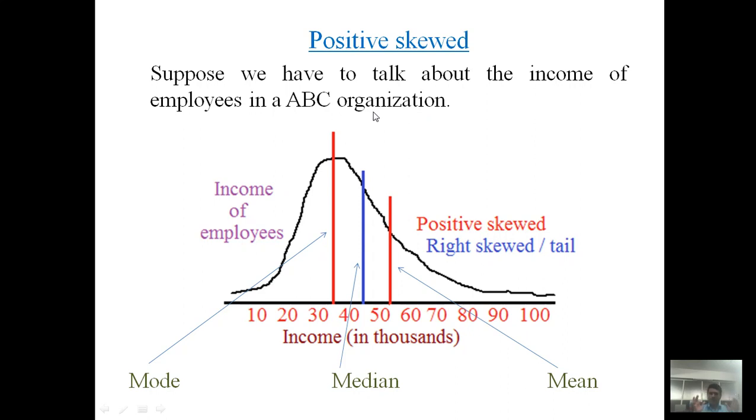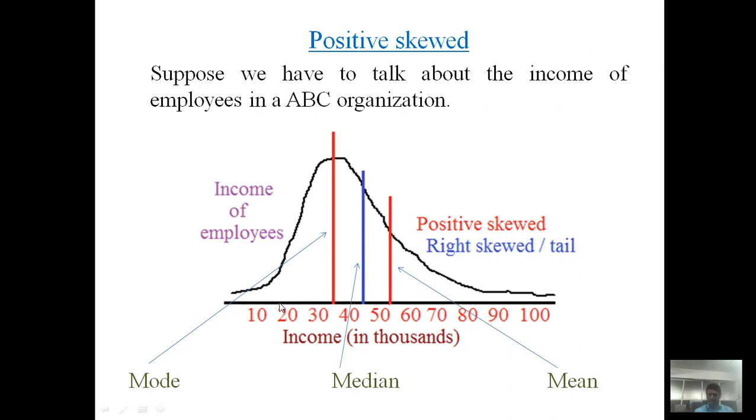We assume that there are 200 employees working in ABC organization, and we talk about the income of all those 200 employees.